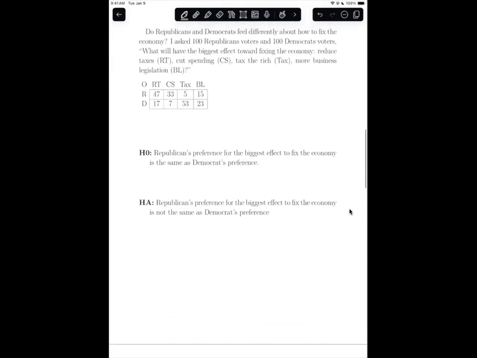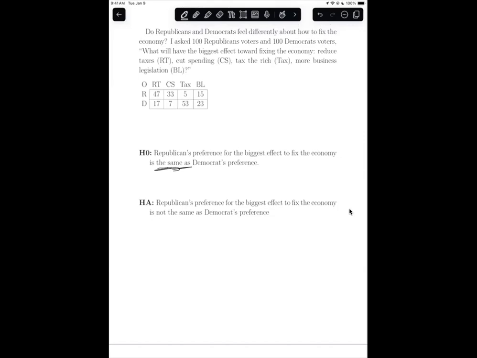And so how we would write those hypotheses is Republicans' preference for the biggest effect to fix the economy is the same as Democrats' preference. And so what we're saying here with them being the same is this notion of equality. It's not that the outcomes are equal to each other.